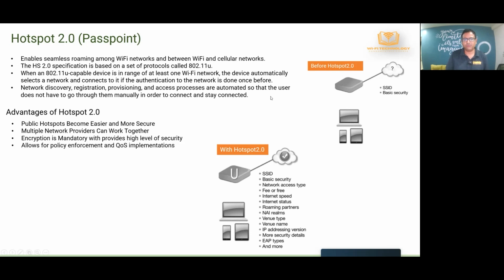But with Hotspot technology, when the device and the access point are certified for Hotspot, in the beacon itself, the access point will advertise a number of other pieces of information, like what kind of networks are available that the user can connect to. Remember that even though the hotspot is a Wi-Fi access point, that access point could be provided by the cellular network provider.